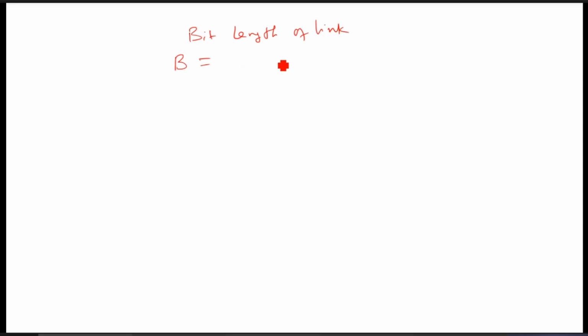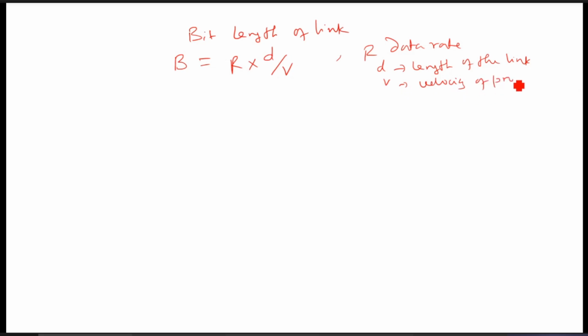No. So the bit length of a link, B, is actually R times D divided by V, where R is the data rate, D is the length of the link, and V is the velocity of propagation in meters per second.